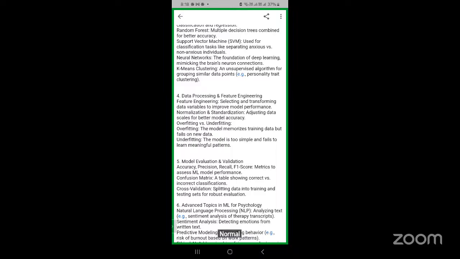Normalization and standardization, adjusting data scale for better model accuracy. Overfitting versus underfitting. Overfitting, the model memorizes training data but fails on new data. Underfitting, the model is too simple and fails to learn meaningful patterns.